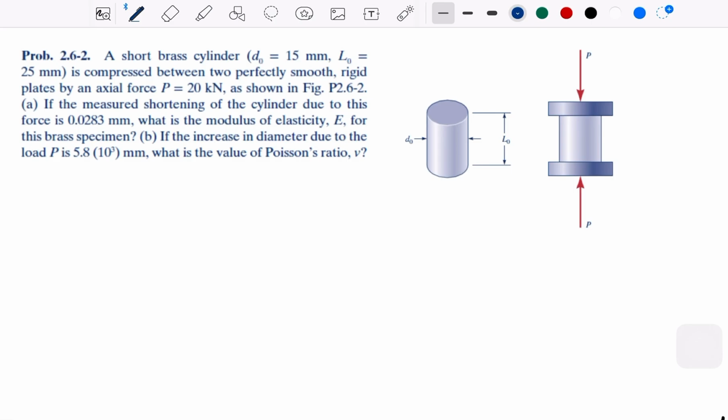So statics, the stress-strain problems, including some of the mechanical properties, some of the safety factor, and all sorts of related stress-strain problems, chapter 2, and chapter 3, which is the axial deformations.